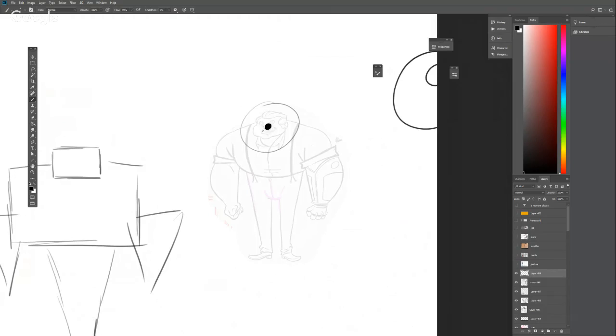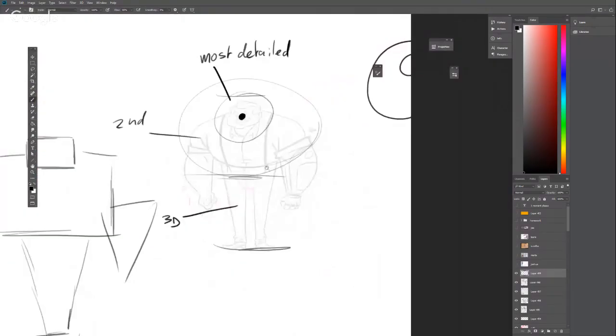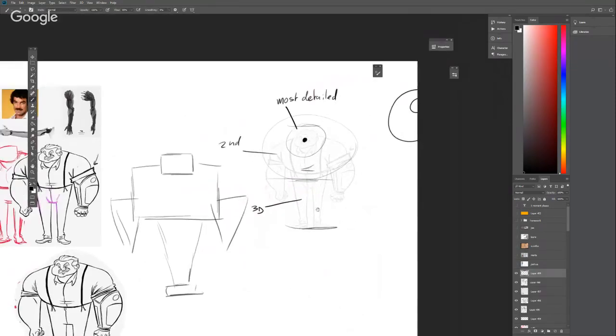And then here you can put the most details, and then here, and then the rest. So most detailed, because you want the people to look first at the eyes, and then second, and then third. Also, these two are maybe a bit too parallel, so maybe you can try to pull them out a bit like this. Then it's really small stuff.